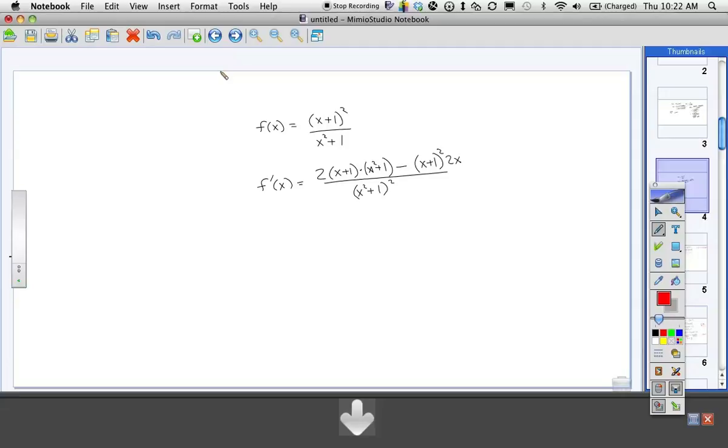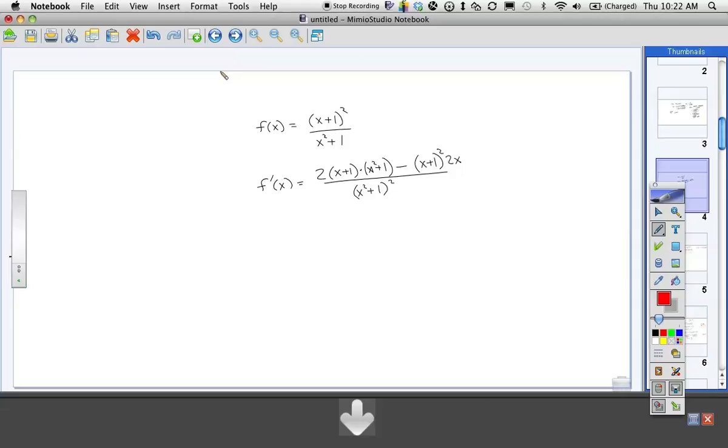So now the question is, am I done? Can I stop? The rule for algebra simplifying is if you can factor it and cancel or combine some terms, then you should do that. But if you're just rearranging things, that's not necessary.